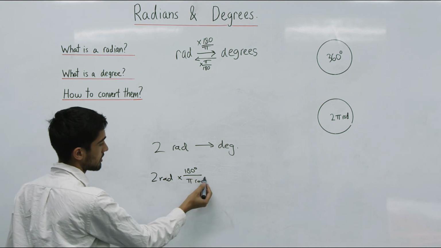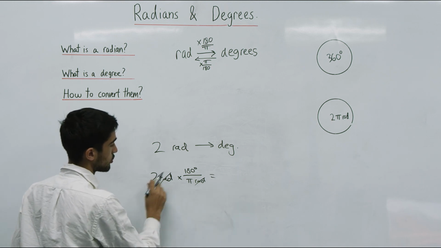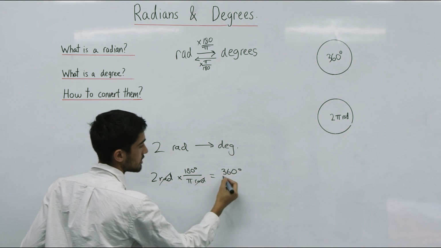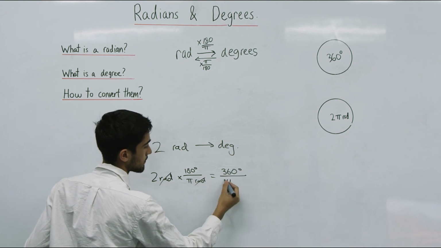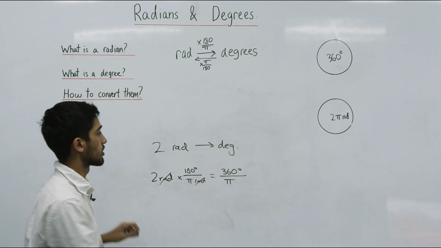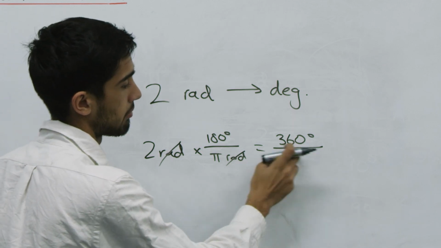What will happen is the radians will cancel, and we'll get 2 times 180 is 360 divided by pi. Okay? One thing that I would like to say though is when you're converting from radians to degrees, you don't want to have pi in that number.